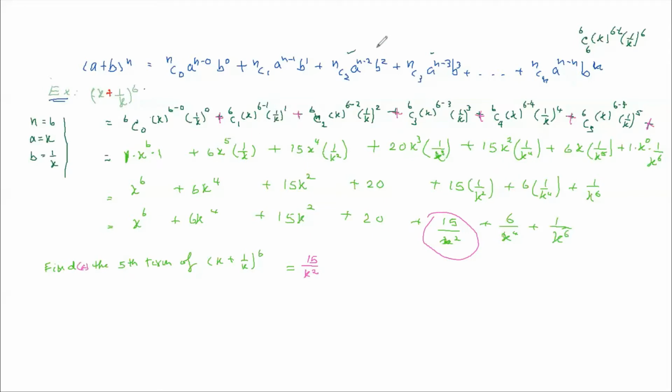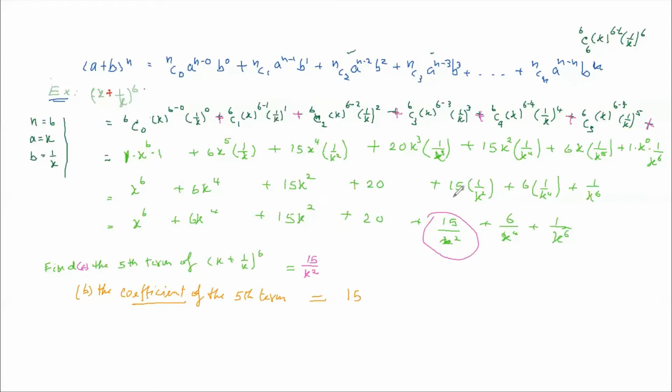If the question continues as question B, say find the coefficient of the fifth term. For example, if they want only the coefficient, you answer only the number in front of the unknown. So you answer only 15.